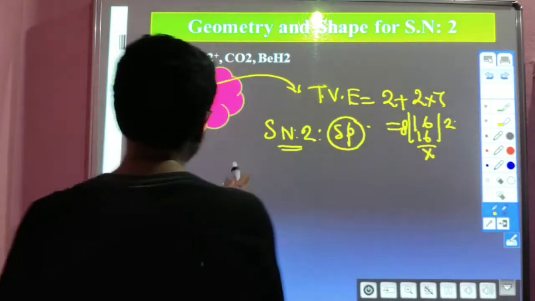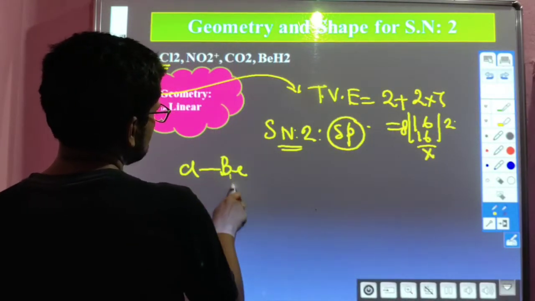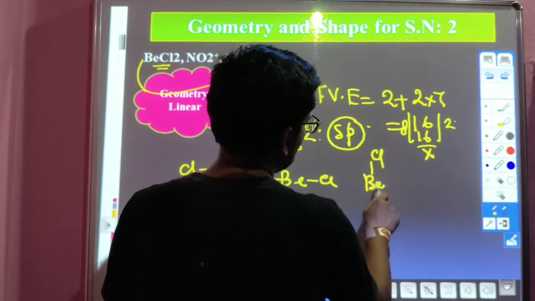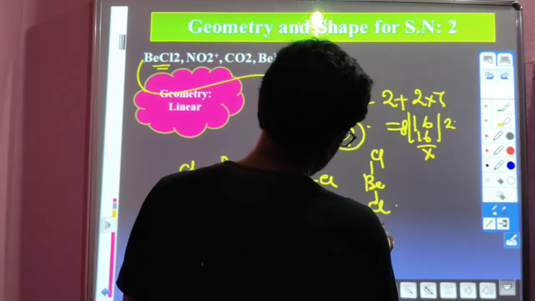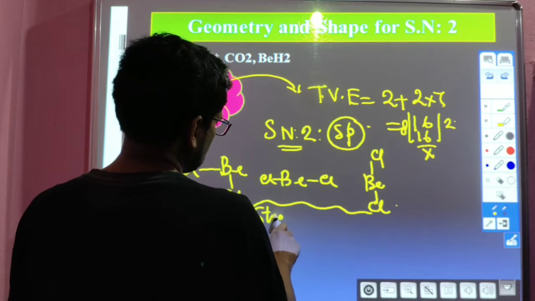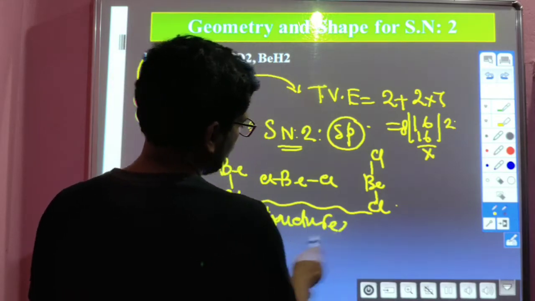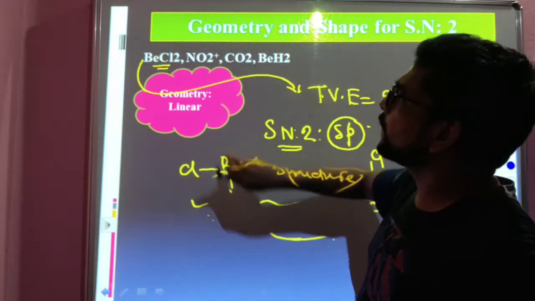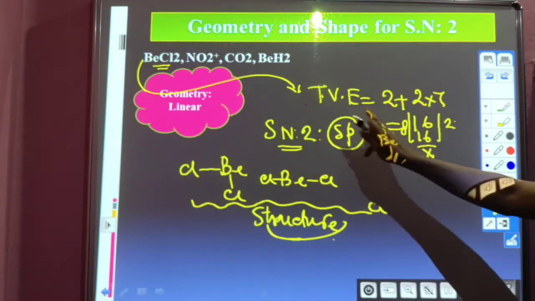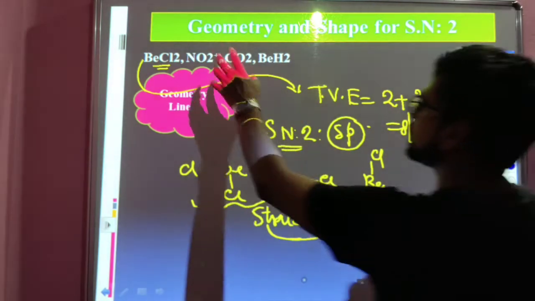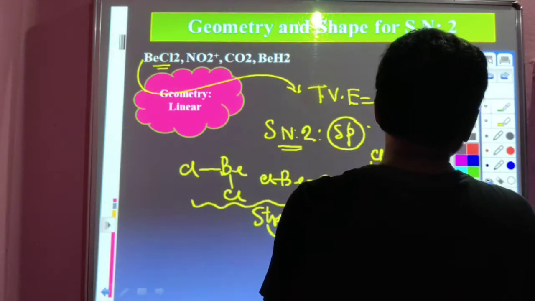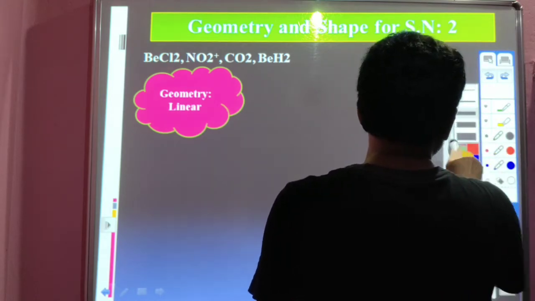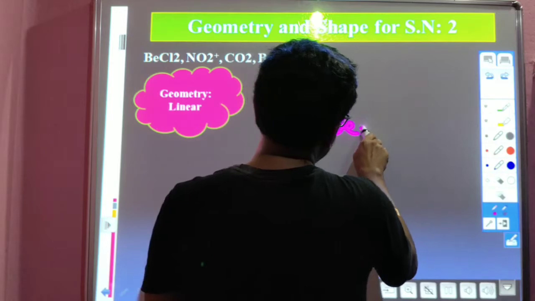Shape you could write like, draw like BeCl2, like that. These all are structures, there is nothing wrong in it. So these are the structures for BeCl2. Now, what will be the shape and geometry of BeCl2? Geometry sp hybridized means it will be linear geometry. It's like this.